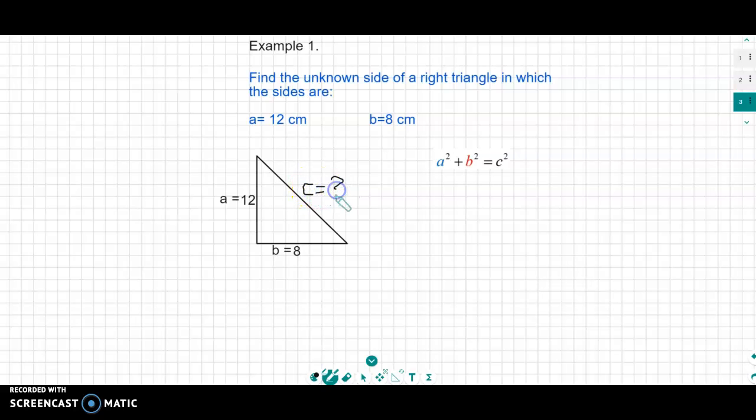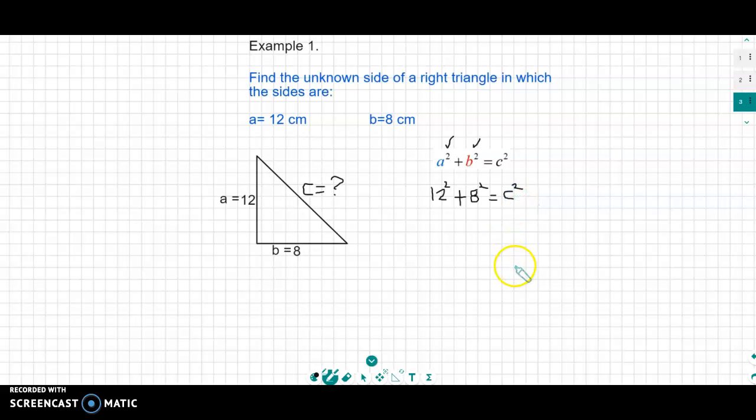So guys, we can use the general equation that we already have: A squared plus B squared equals C squared. We are going to replace these values that we already know, A and B. So here the side A is 12, so we have 12 squared plus B squared, that will be plus 8 squared, equals C squared.